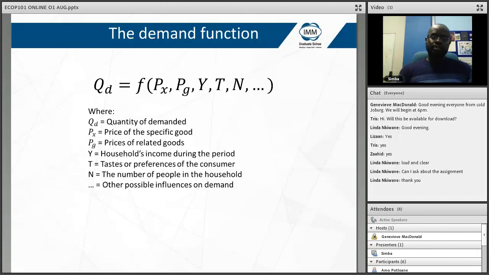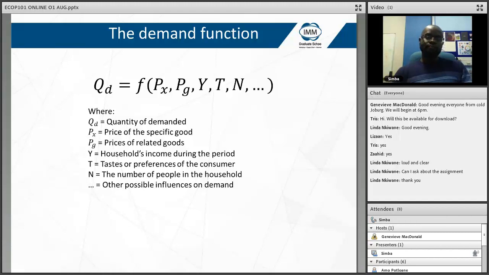When you look at your demand, it is not possible for us to analyze all those determinants at once. So we use the ceteris paribus assumption, simply meaning that we hold all the other factors constant, we are saying they are not changing, all else being equal. That is what ceteris paribus means.